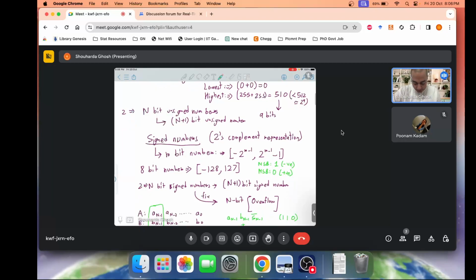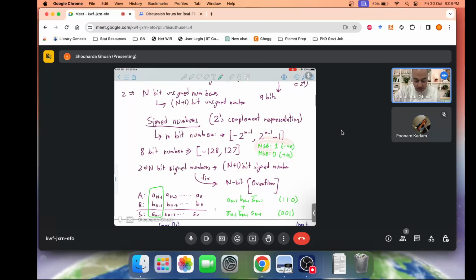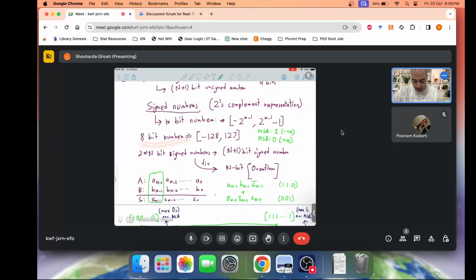For an r-bit number, it ranges from minus 2 to the power r minus 1, to 2 to the power r minus 1, minus 1. Negative numbers have the most significant bit 1, and positive numbers have the most significant bit 0. For example, an 8-bit number ranges from minus 128 to 127.